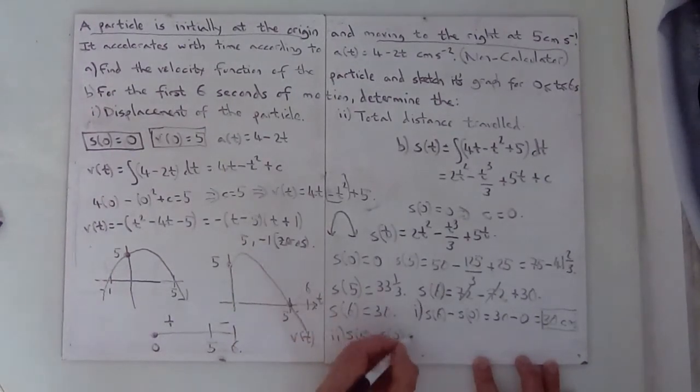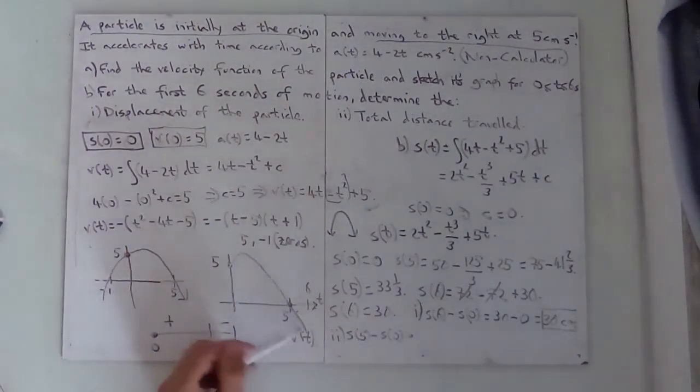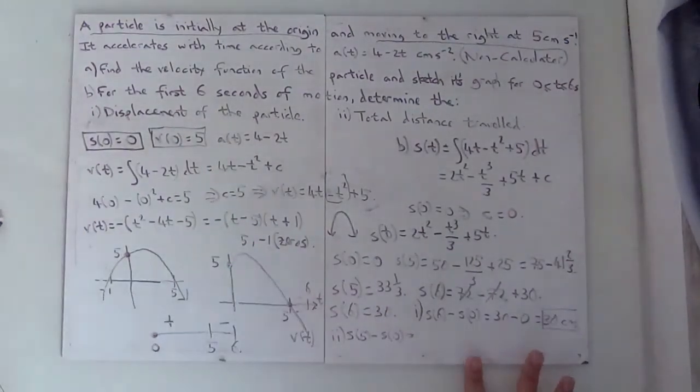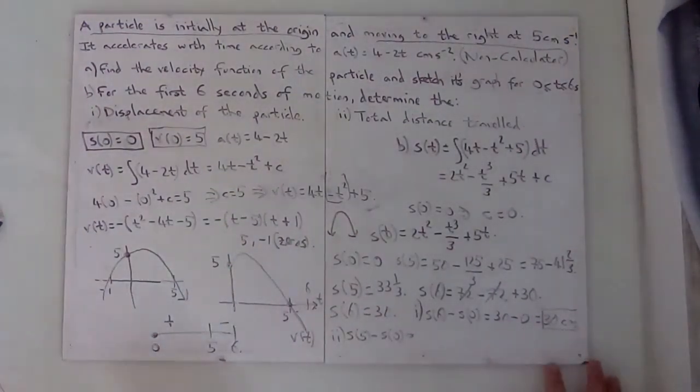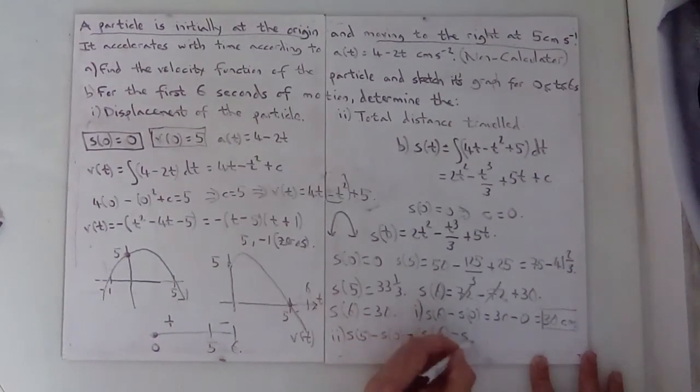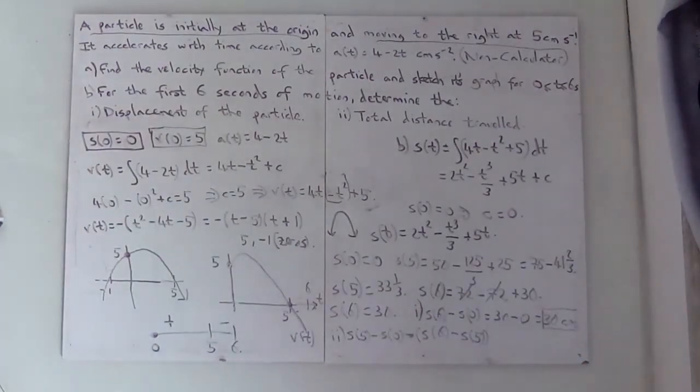And then the other bit between 5 and 6 is going to give us a negative velocity, but we're just interested in distance travelled, so I want to add that as a positive, because I know it's going to come out negative as it's below the x-axis. So I'm going to do minus S6 minus S5. Just have a quick look at it. Is there anything good that happens, e.g. a cancelling?